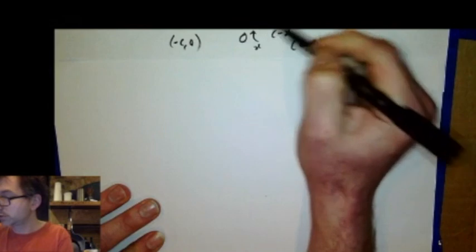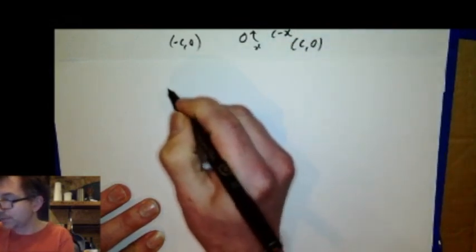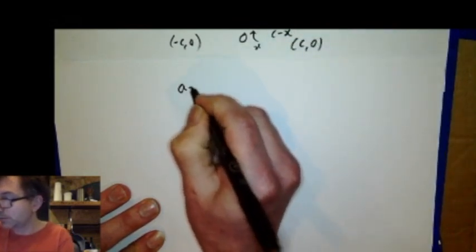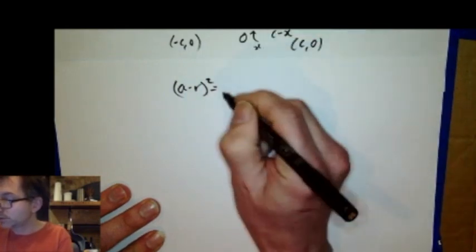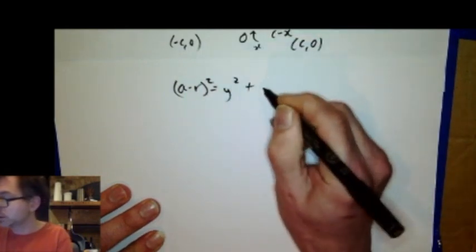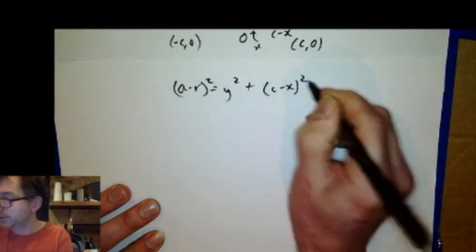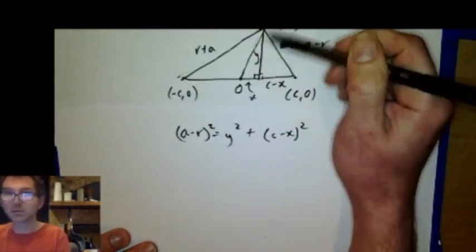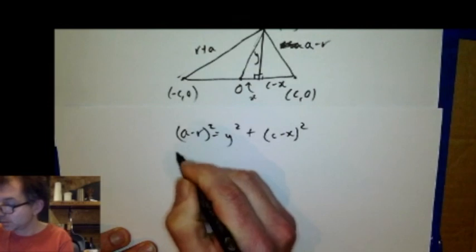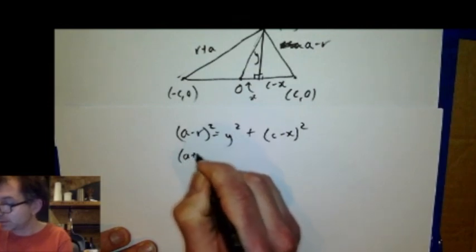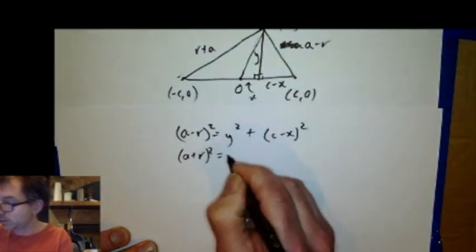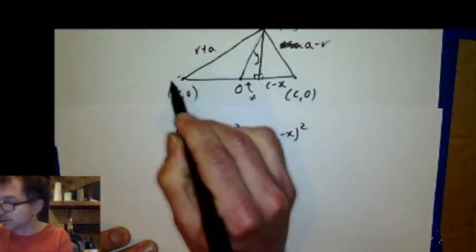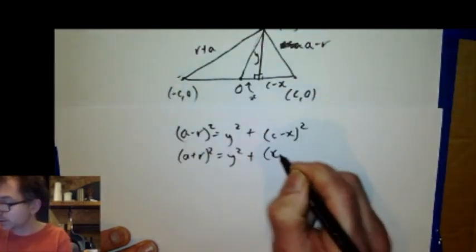So this triangle gives me (a minus r) squared equals y squared plus (c minus x) squared. This triangle gives me (a plus r) squared, so that's the hypotenuse there, equals y squared plus (c plus x) squared.